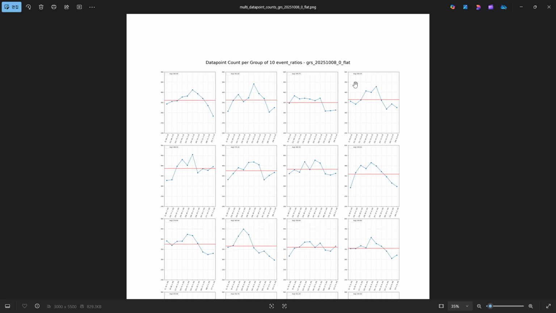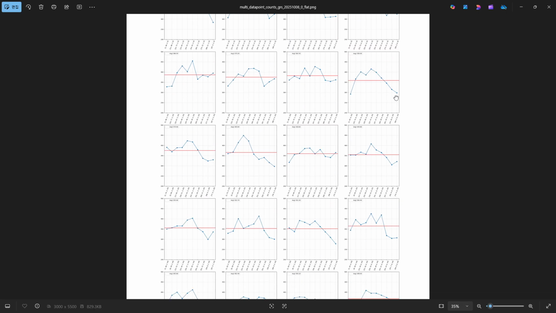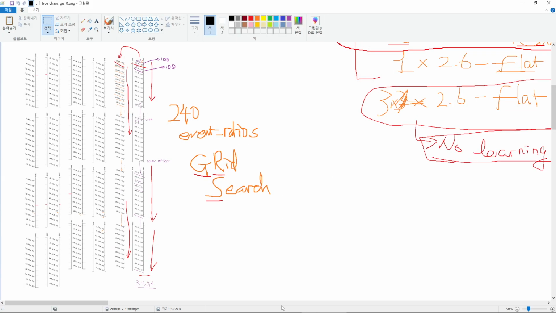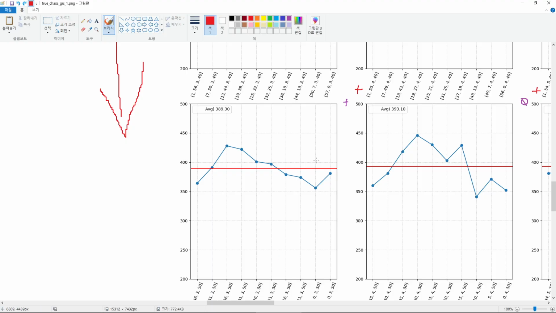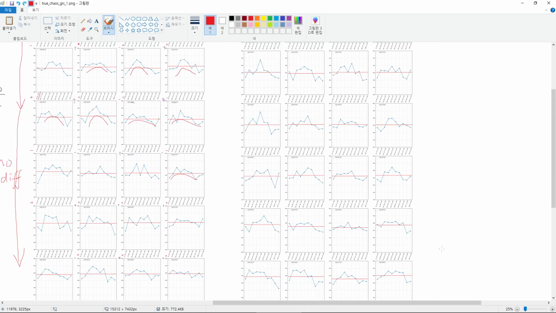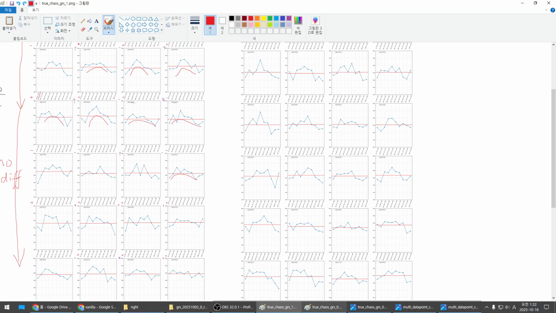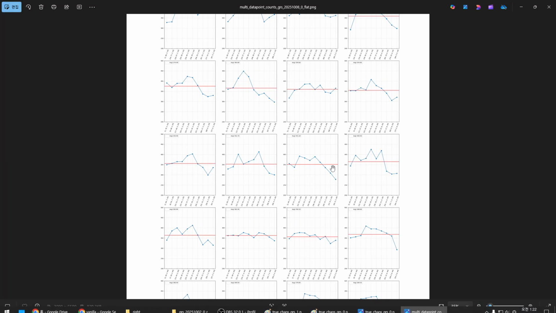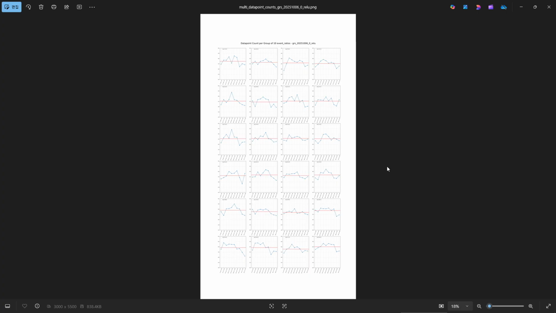So compared to this, when the weights for the mentor selection were ReLU or ReLU-like, and this is when it was flat.